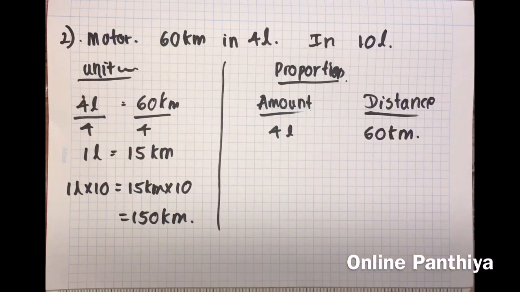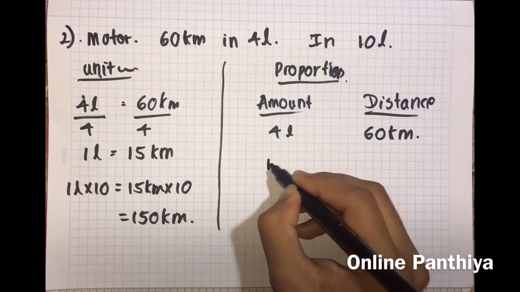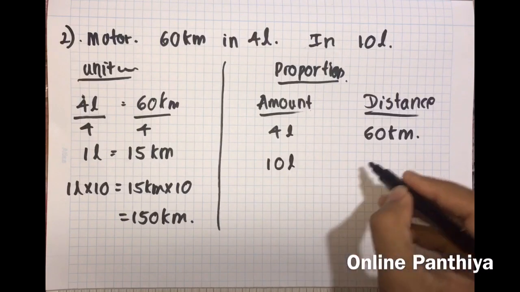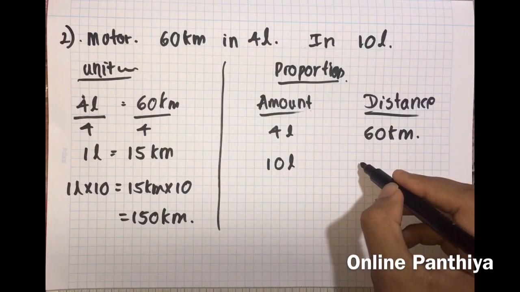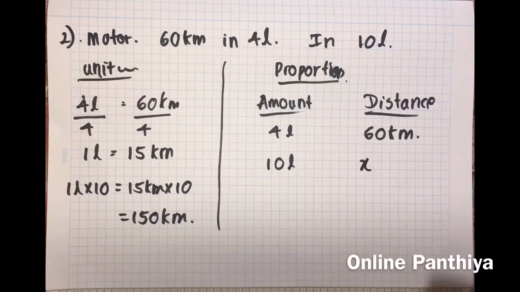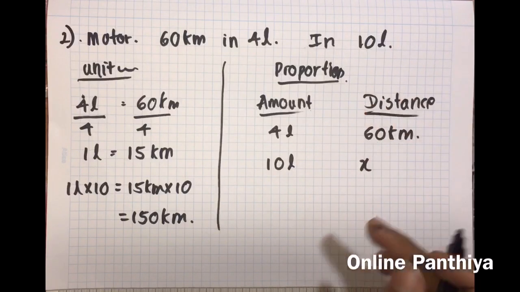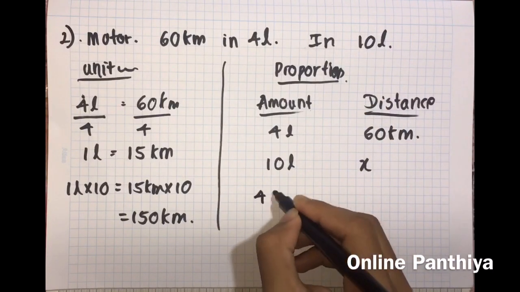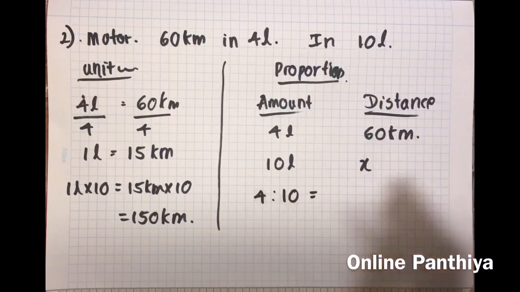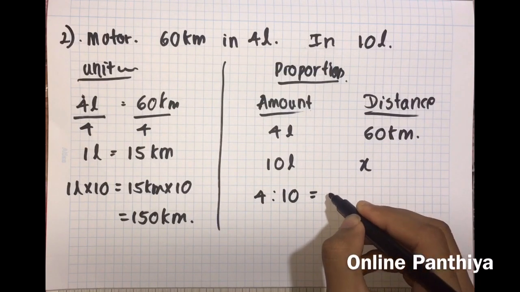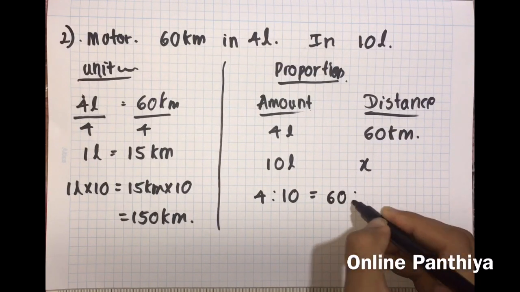Next is, with 10 liters of petrol, how much does it travel? Do you know the distance? No, you can call it x or y, whatever you want. Now you have to write, what did I say? Yes, this ratio and this ratio both should be equal. That means 4:10 should be equal to the other ratio, that is 60:x.